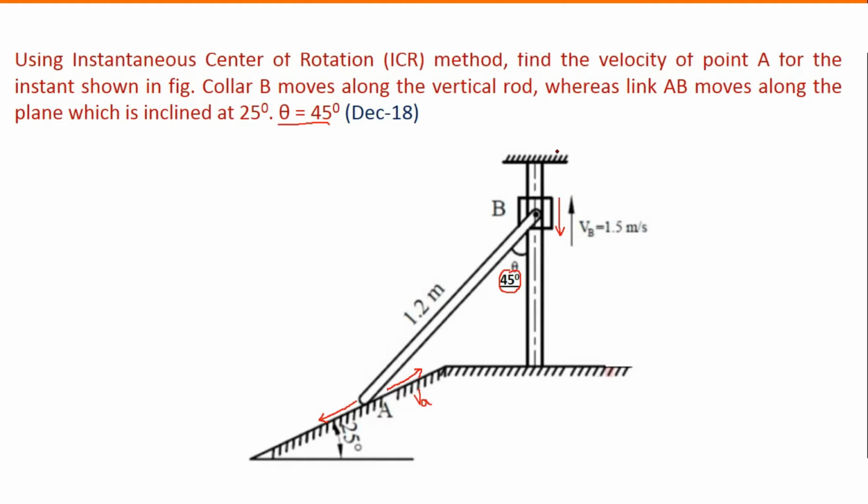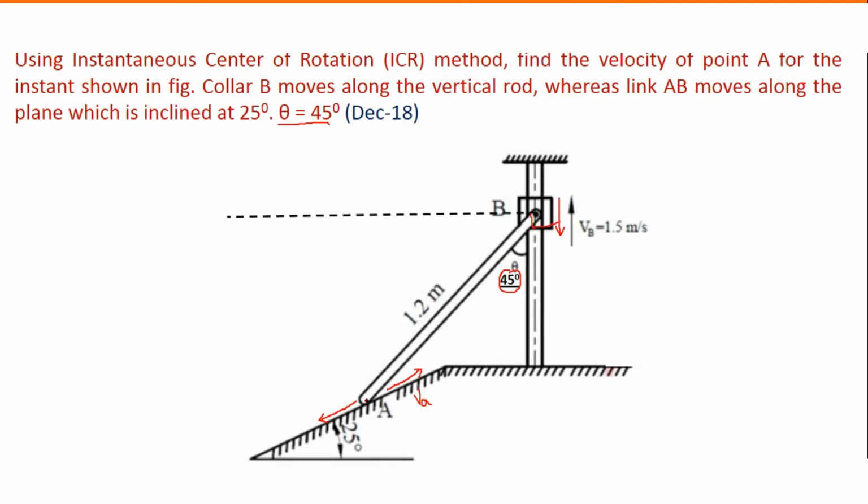Now what is our concept? Our concept is to find the ICR by drawing perpendiculars to the velocity at that point. I will make one perpendicular at point B to this velocity. So this will be my perpendicular. You can see this is perpendicular to the velocity.